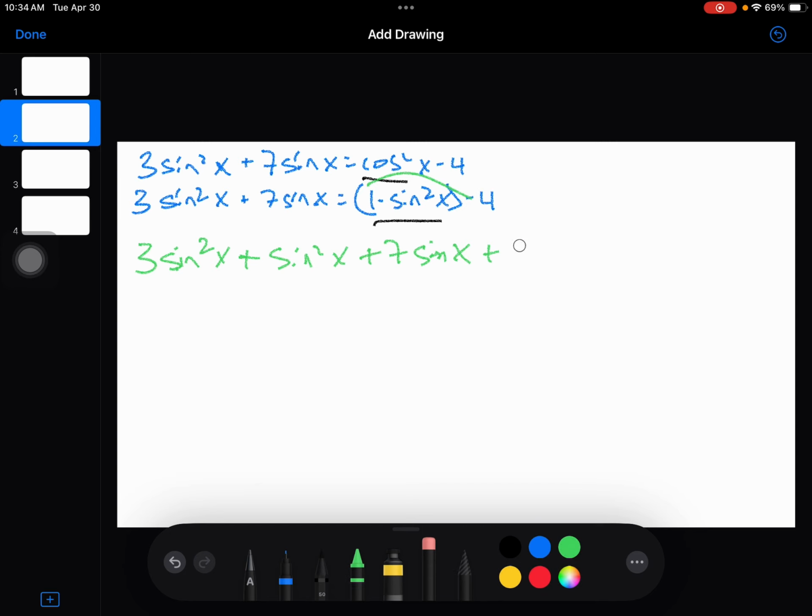And so we're going to have plus 3 there. Plus 3, change the sign. 1 minus 4 is negative 3, change the sign when we move it across the equal sign. And there we are. And we're on our way to being little Ibn al-Haythams. Right? So we combine like terms: plus 7 sine x plus 3 equals 0.